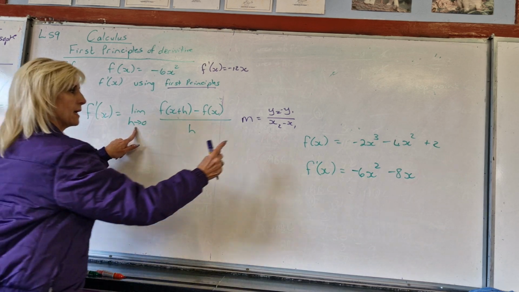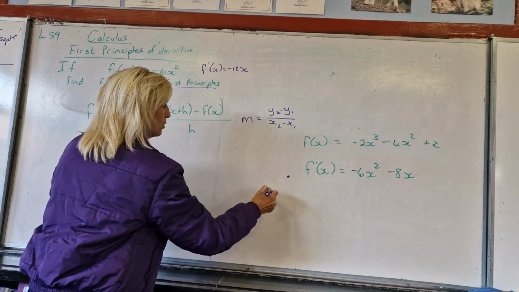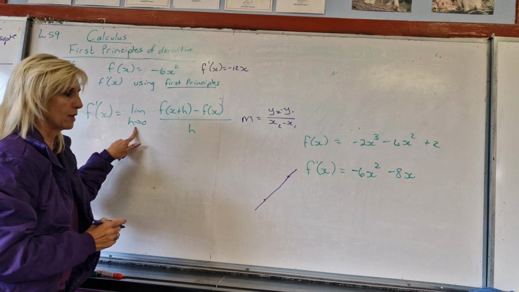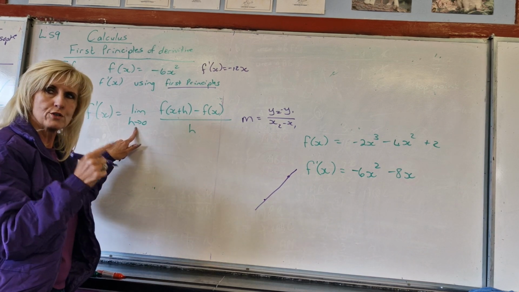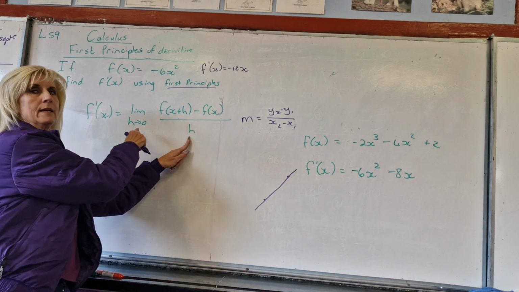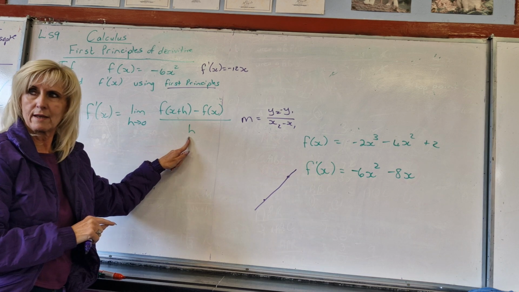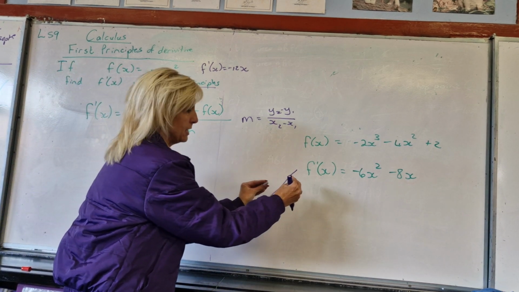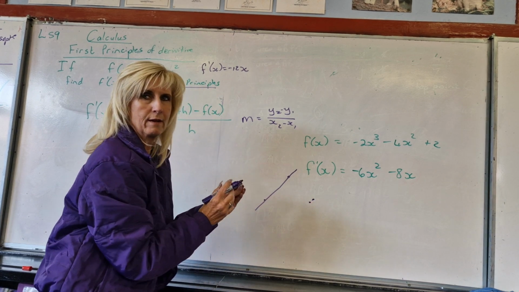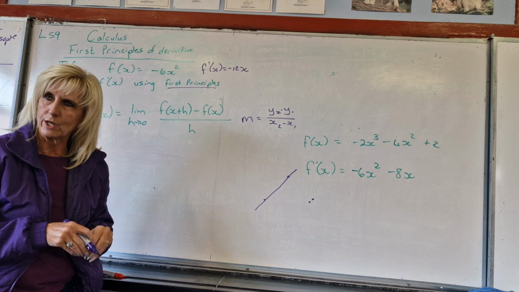So what they're saying here is that the distance between the two x's, these points that you've got here, x1 and y1 and x2 and y2, they want it so close together that the distance between the x's tends to be nothing. That's what they're saying. They want these points to get so close together that they're actually on top of each other. So that they're going to work out the gradient in the specific point.